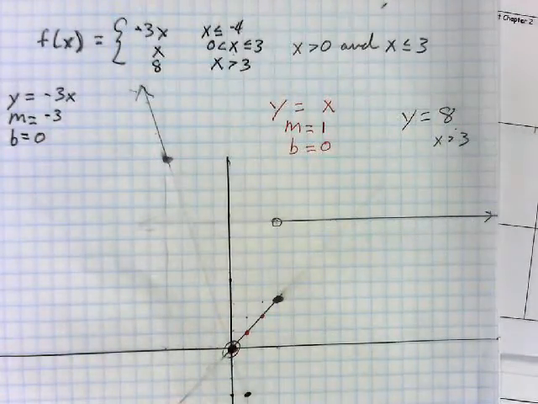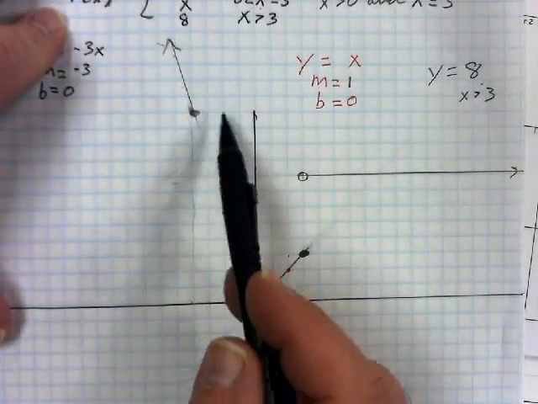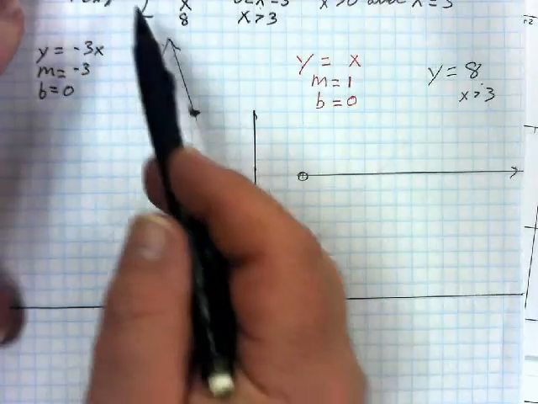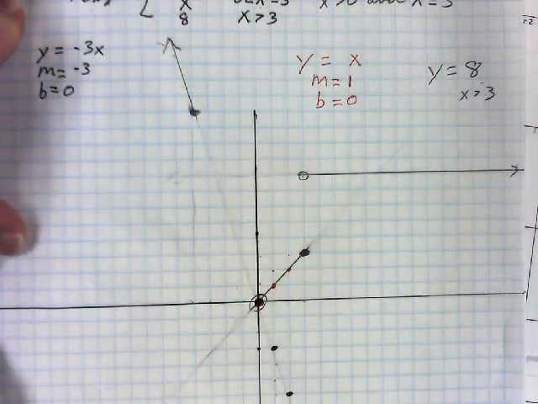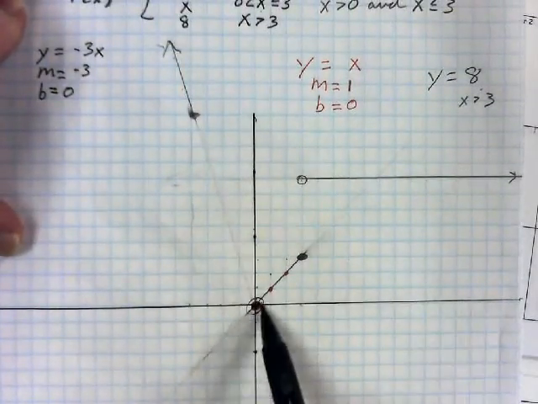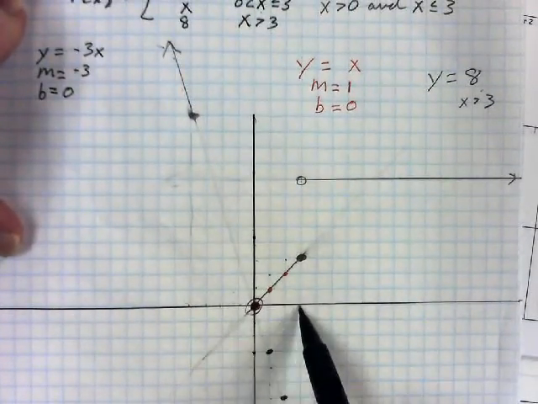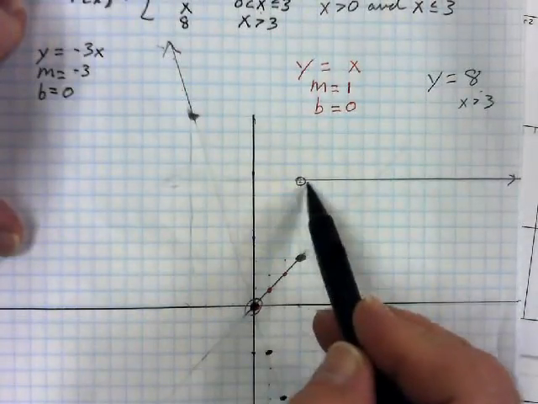If I took this graph and continued it on up, do I ever run out of x's going this way? Okay, looking at this, I have values between 0 and 3, don't I? And starting here at 3, it keeps on going. So do I ever run out of x values? Ever.